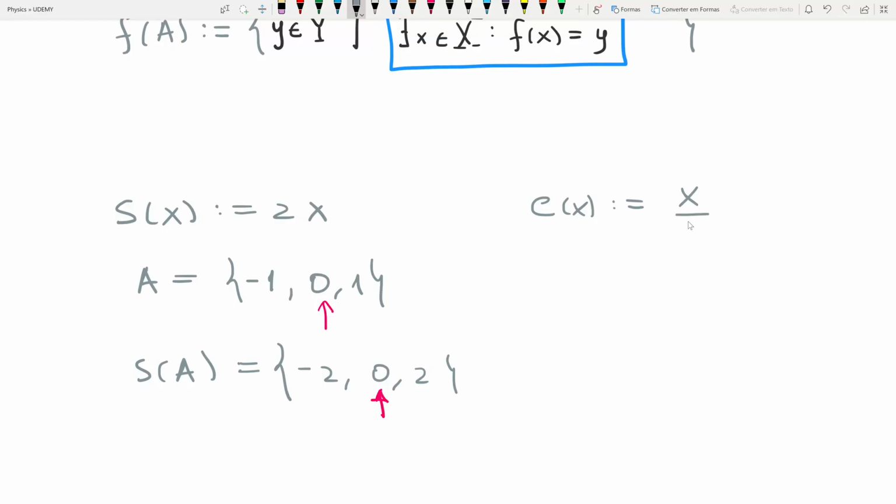Now, let's consider a second function, c of x, and c of x is x divided by 2. If I now act with c on A again, we get c of A, which is the set -1/2, 0, and 1/2.